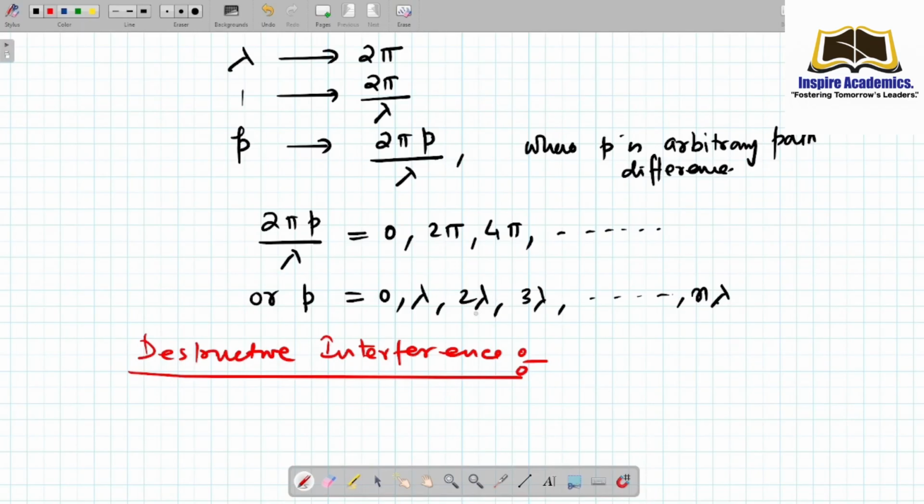Let us now say what should be my cos phi, so that the resultant intensity at P will be minimum.